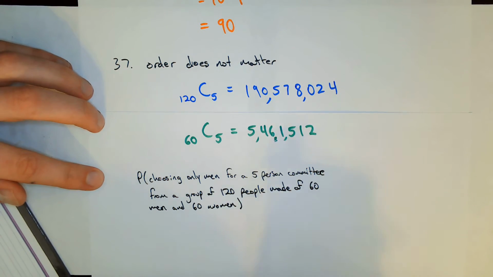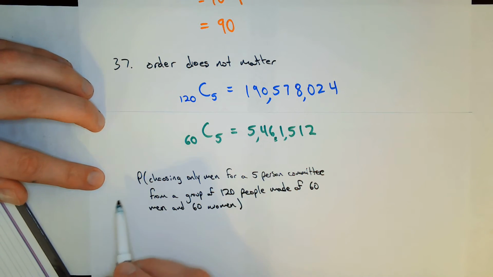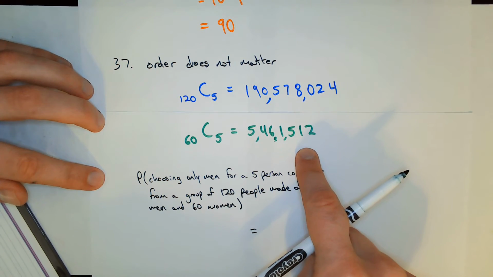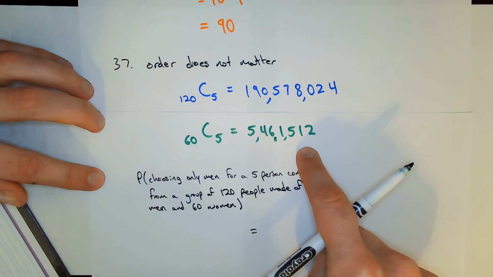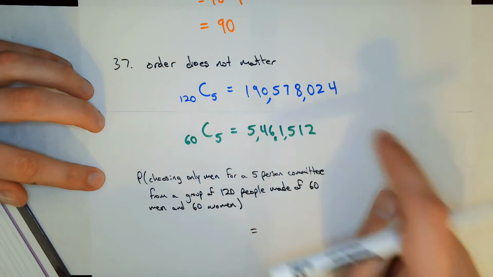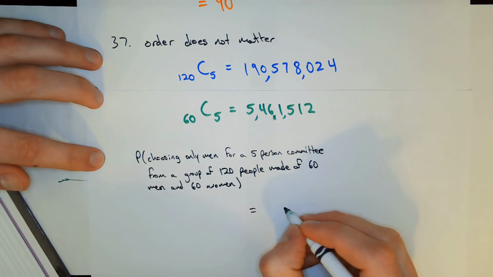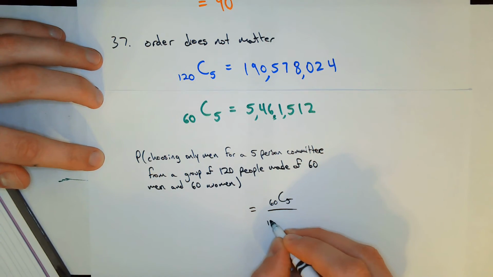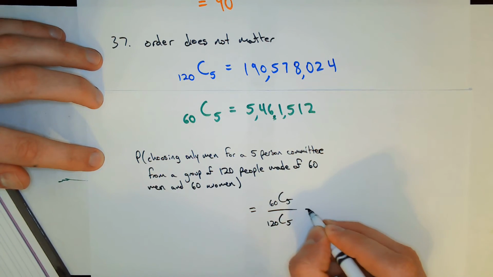Typically what you would do is call this some letter, like capital E, and then you'd say P of E, just to make it easier, would be equal to this event space divided by this sample space. So 60 choose 5 over 120 choose 5.